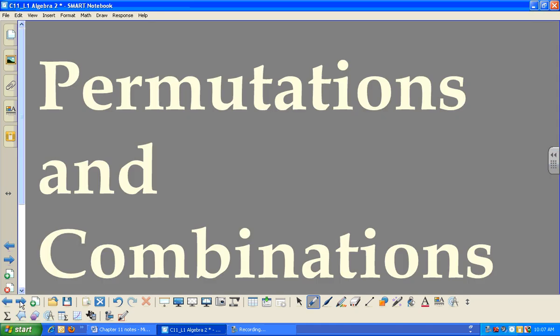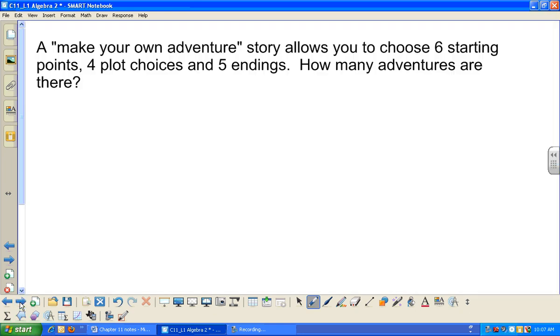So our first lesson is on permutation and combination. The first two questions I have are just fundamental math questions. If I have a make your own adventure story, you can choose 6 starting points, 4 plot choices, and 5 different endings. How many total different adventures are there?